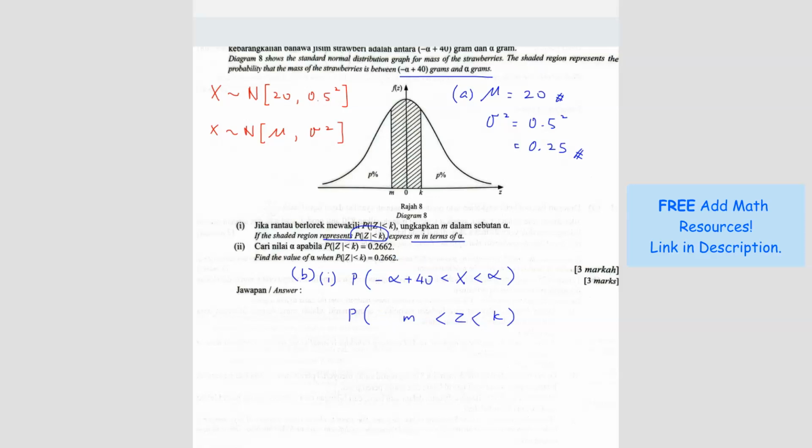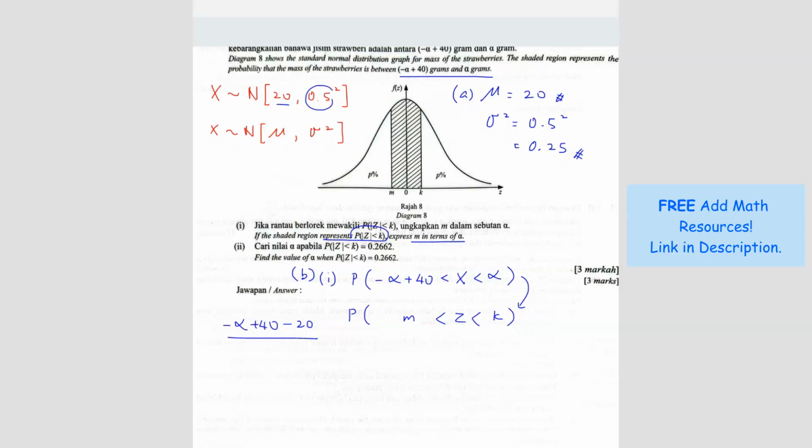So how do I convert this into a standard normal distribution? We have to minus the mean, divide by standard deviation. So that means we can do negative alpha plus 40, then we have to minus the mean. The mean just now on top we got is 20, right? Minus 20, divide by standard deviation.